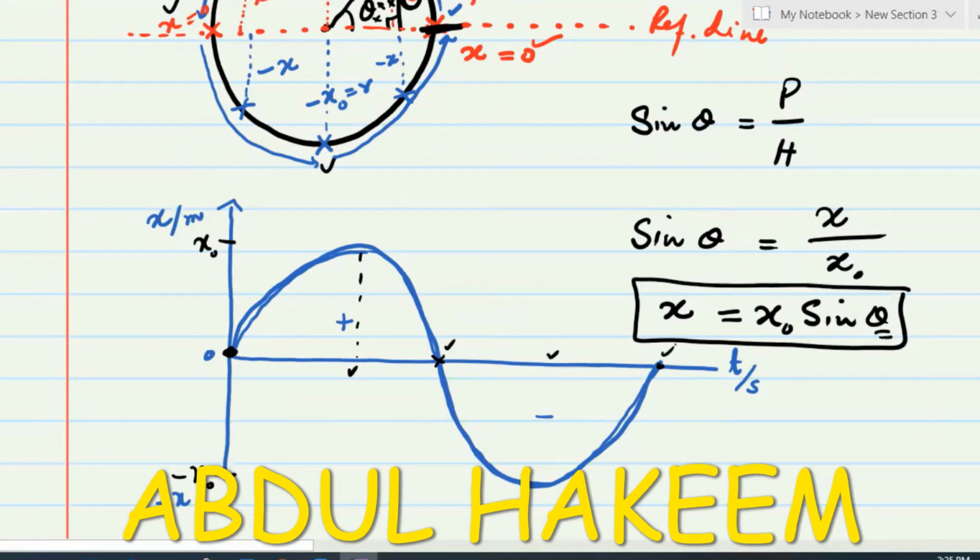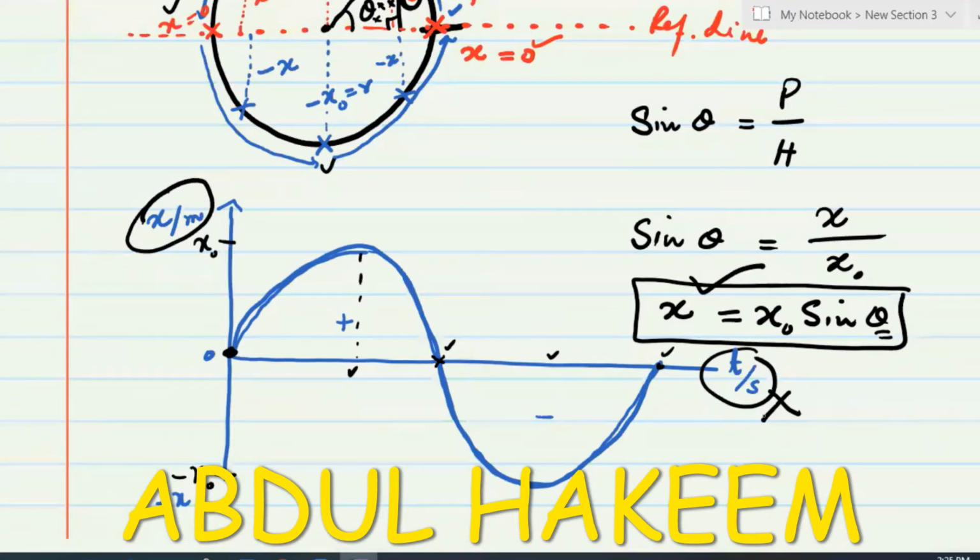It means this equation is suitable for this rotation, but the graph is between x and t. Yes, there is an x, but there is no t in the equation. So we have to convert this equation into one with t as well.